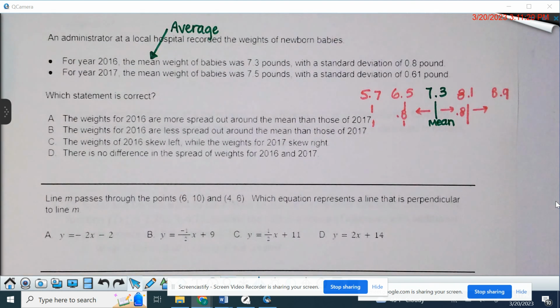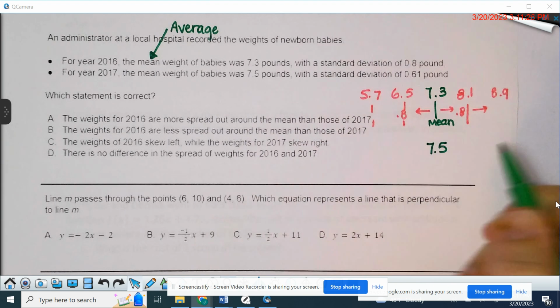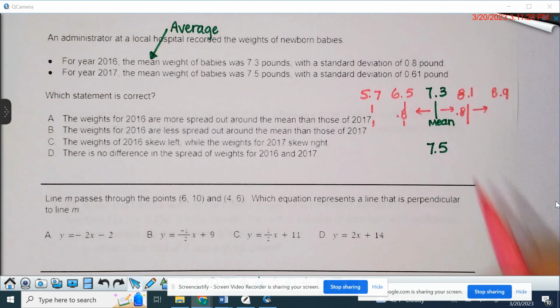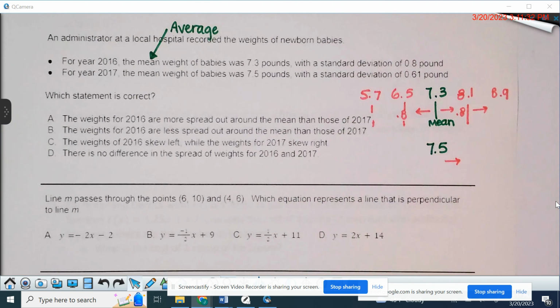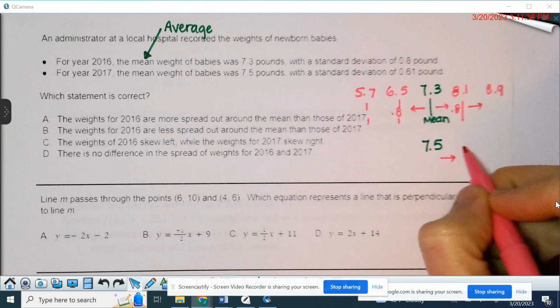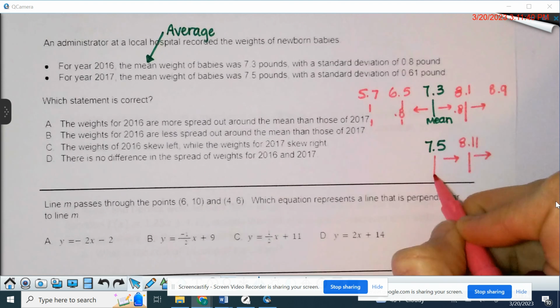For 2017, the mean weight is 7.5. And the standard deviation is 0.61. So we're starting here, we're going to go this way, 0.61. So 7.5 plus 0.61 is going to be 8.11. Go one more standard deviation. This is our mean. That's one standard deviation.